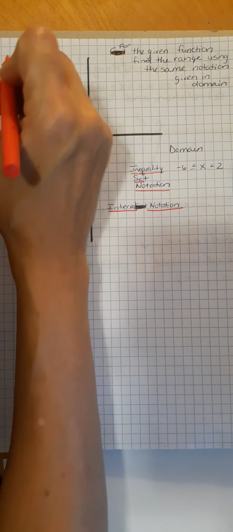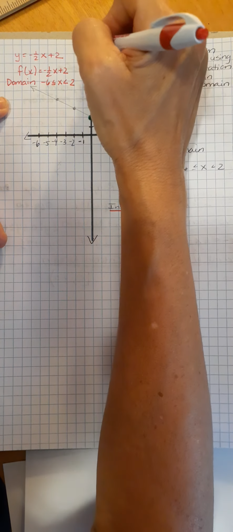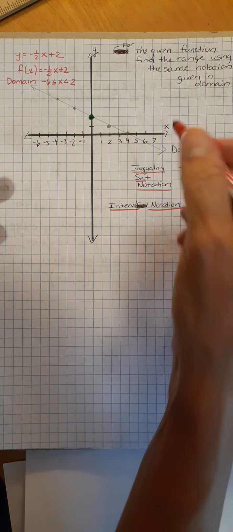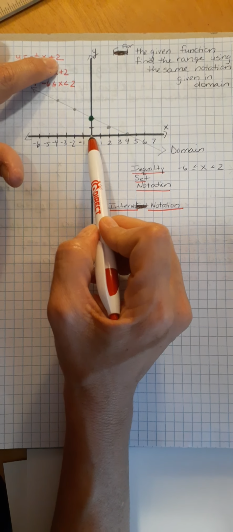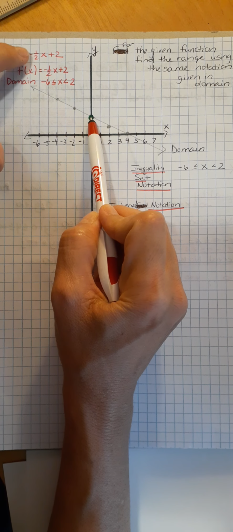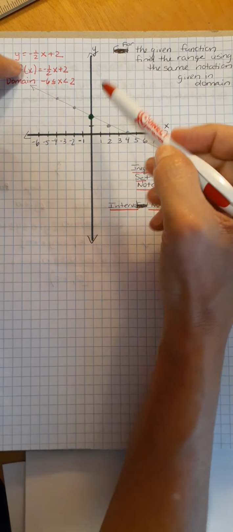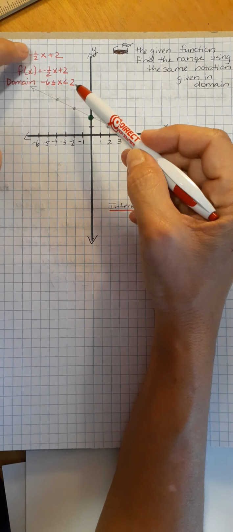Let me put these here just to build it, right? This is your y, this is your x. I went a little backwards, but anyway, so this is your line. We have the y-intercept at 0, 2, and our slope, which means we go down 1, 2 to the right, or if you choose, you can go up 1, 2 to the left. The point is, it still gives you the 1/2. All right, so this is the line.